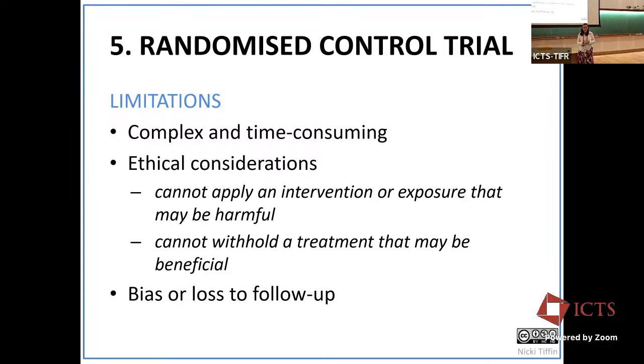But randomized controlled trials are complex and very time consuming, and there are a lot of ethical considerations. So there are some interventions or exposures that you simply cannot ethically apply to a population. And you also can't withhold a treatment that you're fairly confident is beneficial and has been shown to be beneficial and safe. So there are a lot of ethical considerations about what is allowed in randomized controlled trials, obviously for all the right reasons.